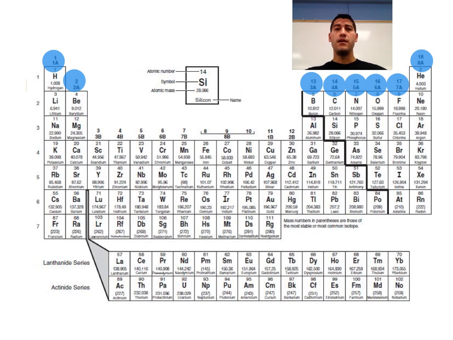Magnesium, over here, has 2 valence electrons, since it's in group 2A, and 3 energy levels because it's in period 3. All of the elements in the same group number, because they have the same number of valence electrons, have similar chemical properties.